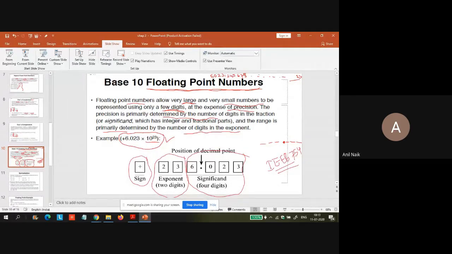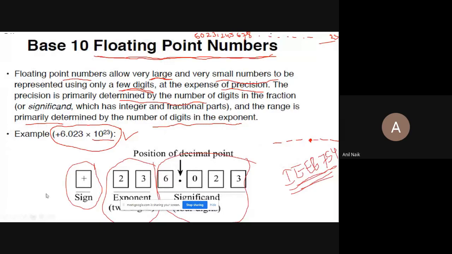So a computer stores data in the IEEE 754 standard. In IEEE there are two types: single precision, that is 32-bit format, and double precision, that is 64-bit. That we'll discuss.